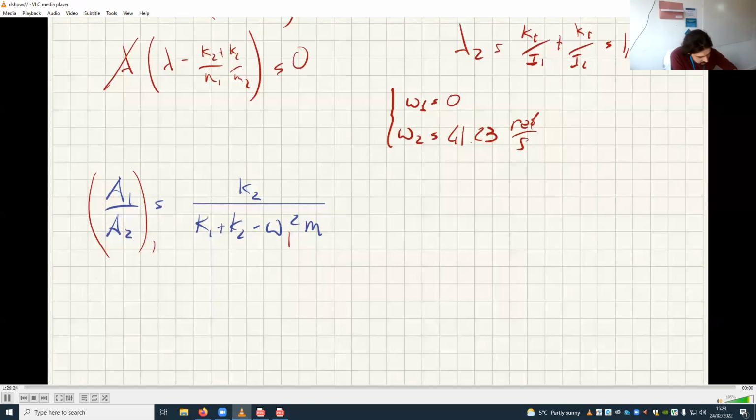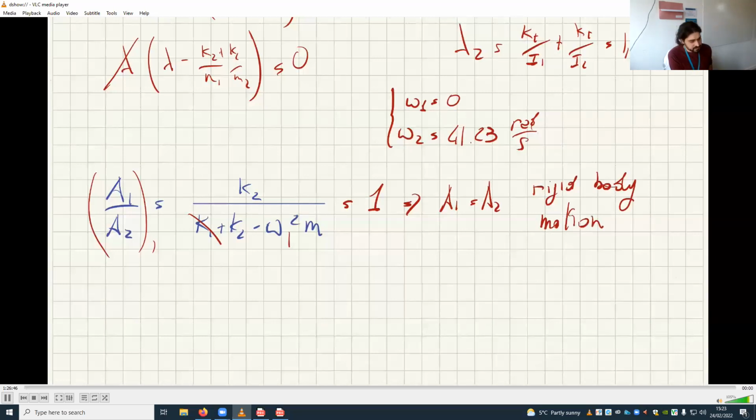As you can see, if I use omega 1, what happens? K2, remember, is KT, K1 is 0. If I use omega 1 of 0, I get K2 over K2. So this one becomes 1, which means that A1 is A2, which means rigid body motion. So no oscillation.